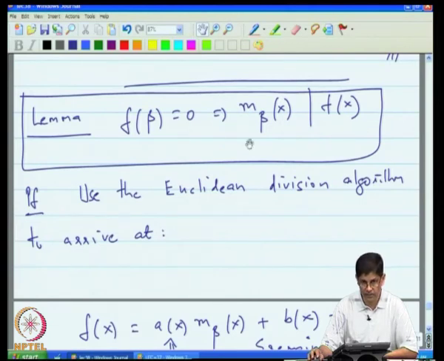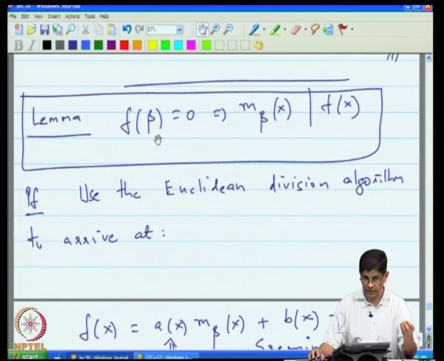That is, the minimal polynomial of beta in a way is very possessive, because it says the only polynomials which when evaluated at beta will give 0 are those polynomials which m beta of x divides.